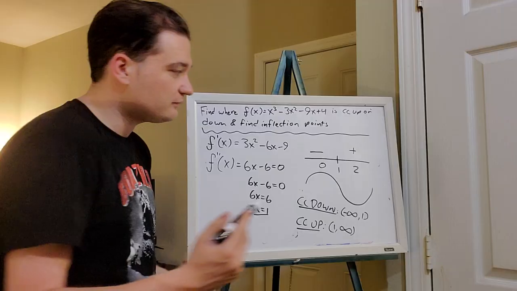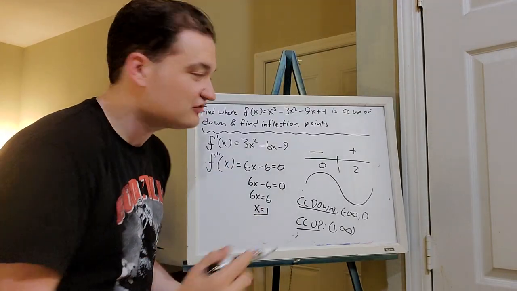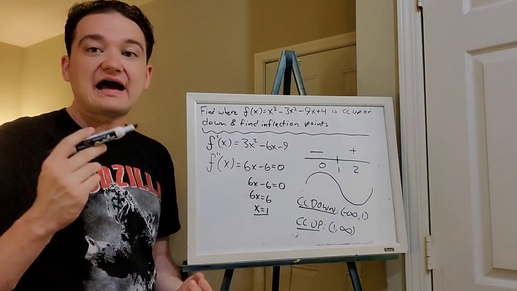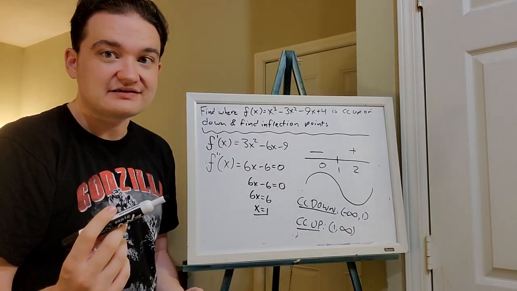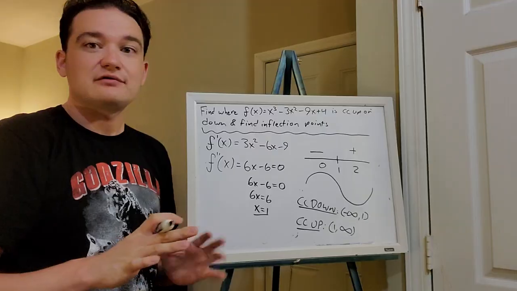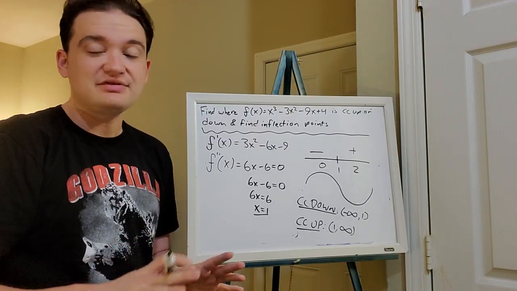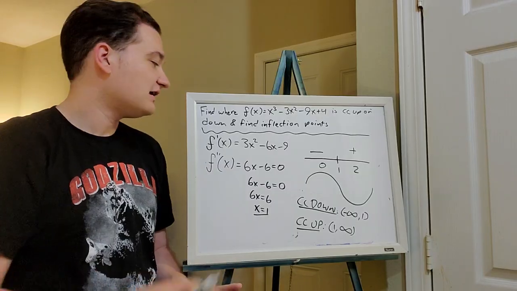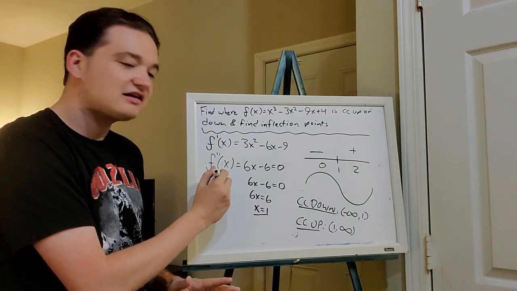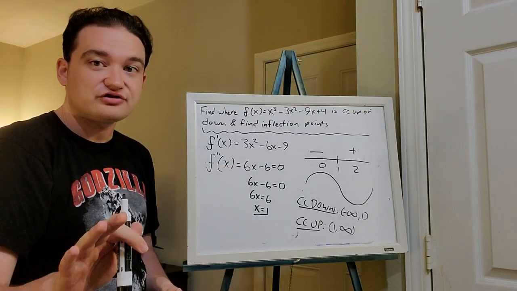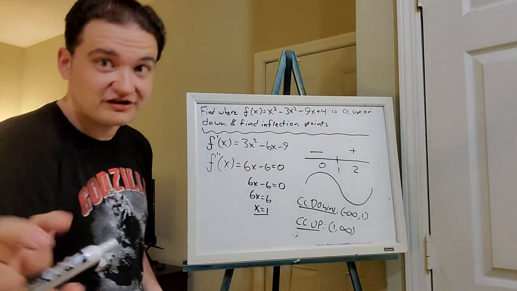And what's our inflection point? It's the place where concavities change. X equals 1 is our inflection point. That's it. Whenever we ask for concavity and inflection points, this is what we're doing. Same thing as increasing and decreasing, just now we're doing it with the second derivative instead of the first. I'll show you another example. I'll show you 2 other examples, in fact.